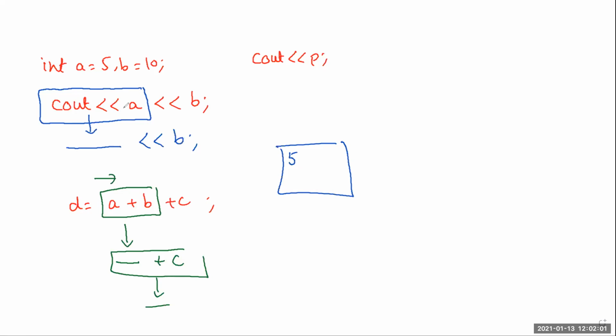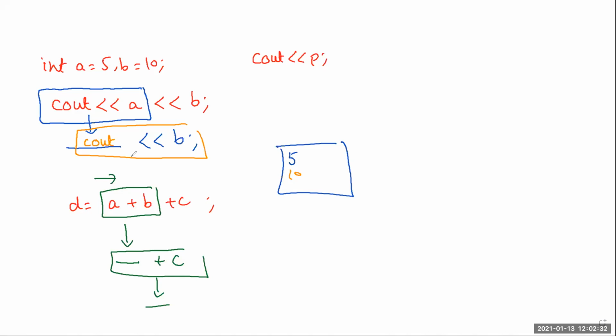The only thing this blue box can return is cout, because if I put anything other than cout here, this statement will not be legal. So when you execute the first part, cout A, 5 is printed and it returns cout. When it returns cout, this is again a legal statement, cout B, and when it is executed you see 10 on the screen.